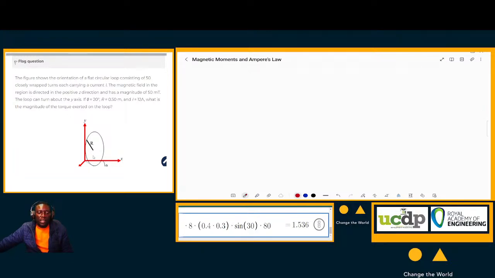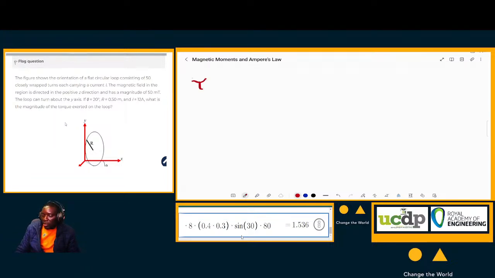So we've shifted the magnetic field from the x-axis in the previous case to the z-axis. That's the only difference. The loop can turn about the y-axis as it was doing in the previous one, but theta is 20 degrees, the angle between the plane of the loop and the x-axis. And R is 0.5 meters, I is 12 amps. What is the magnitude of the torque exerted on the loop?